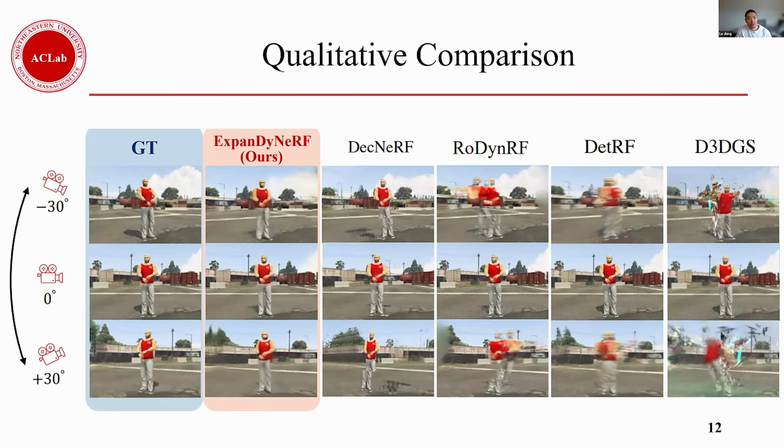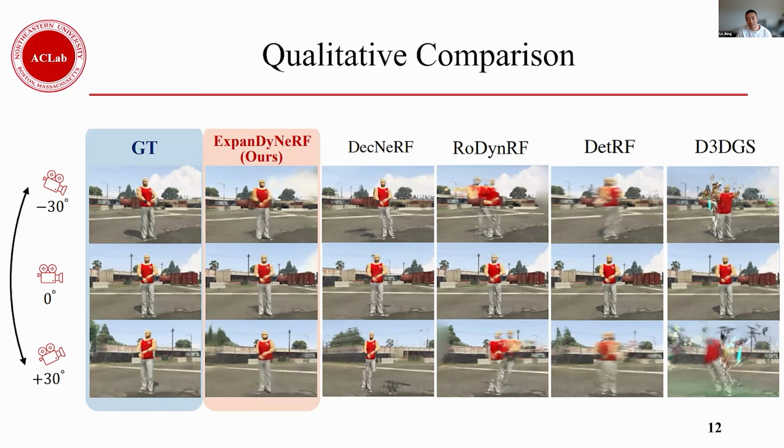And for DyNeRF, it renders the dynamic content with reasonable clarity, but loses the geometric structure. It's really like a cardboard, appearing flat and cardboard-like, and the background is blurry.